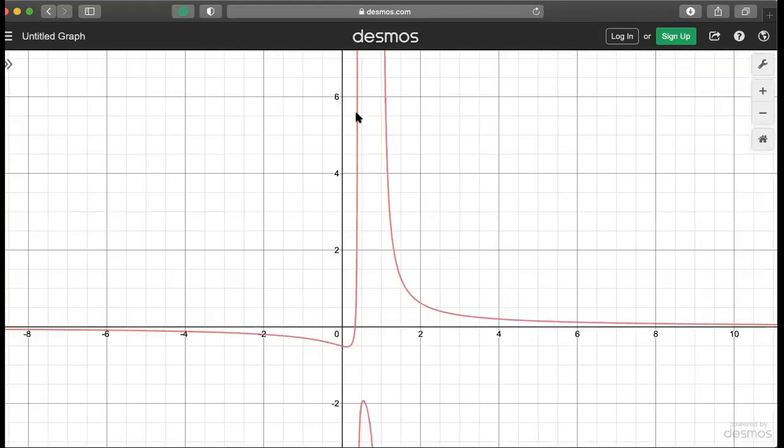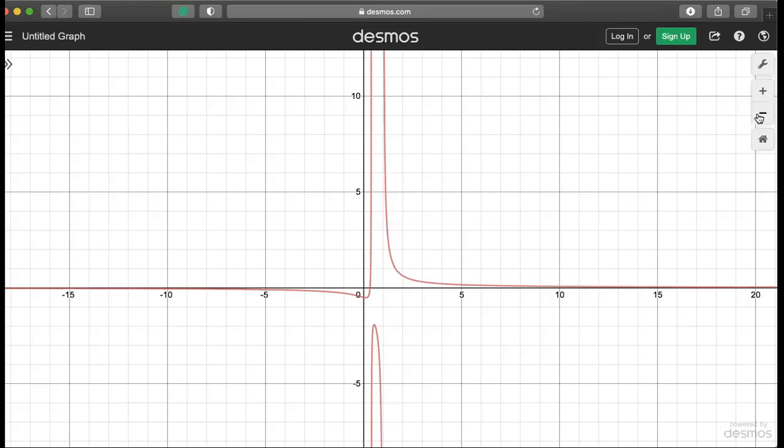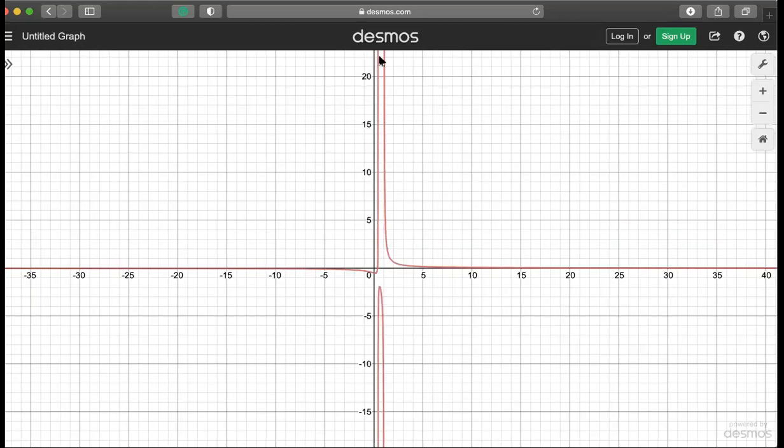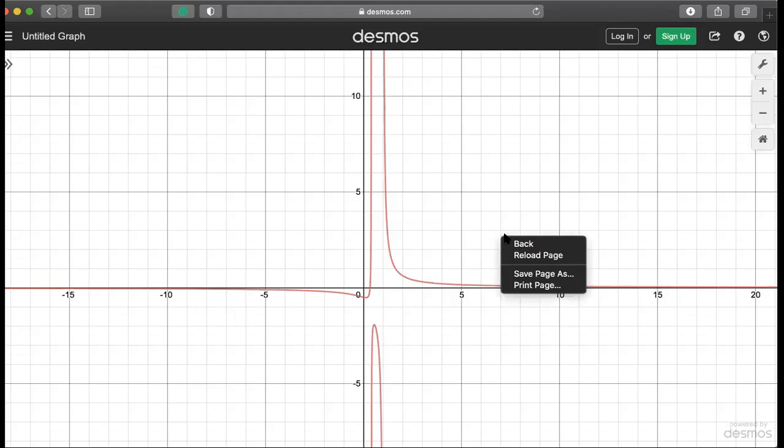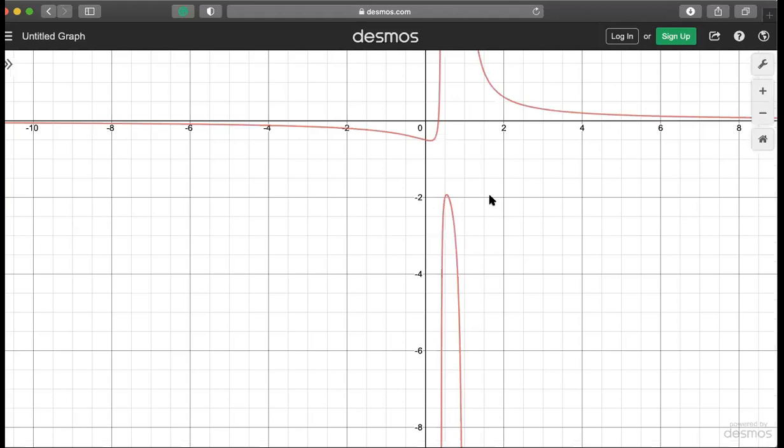So something to notice in our graph. Well, for anything bigger than 0, we have points on this graph. So we're going to go all the way to positive infinity. You can see that if we zoom out, no matter how far up we go, we're always going to have a red line corresponding to that y value here. And the same thing down here, wherever this maximum is, which looks like it's a little bit smaller than -2, we're going to have values below that.